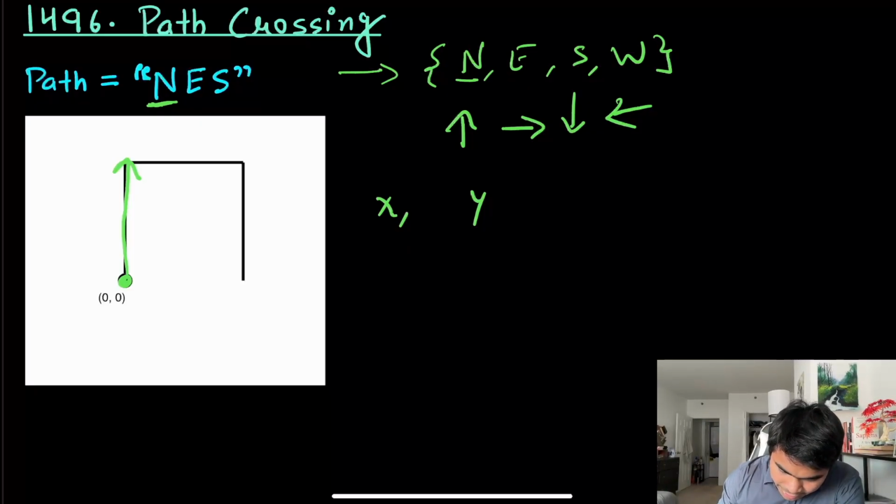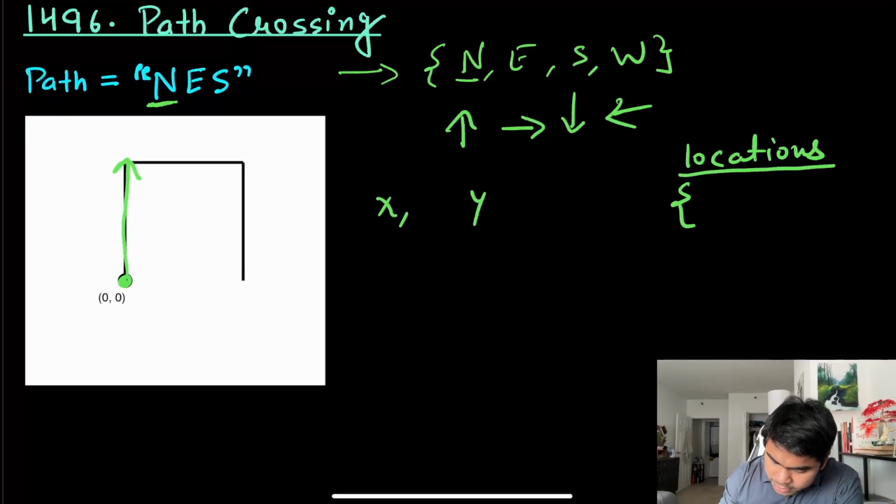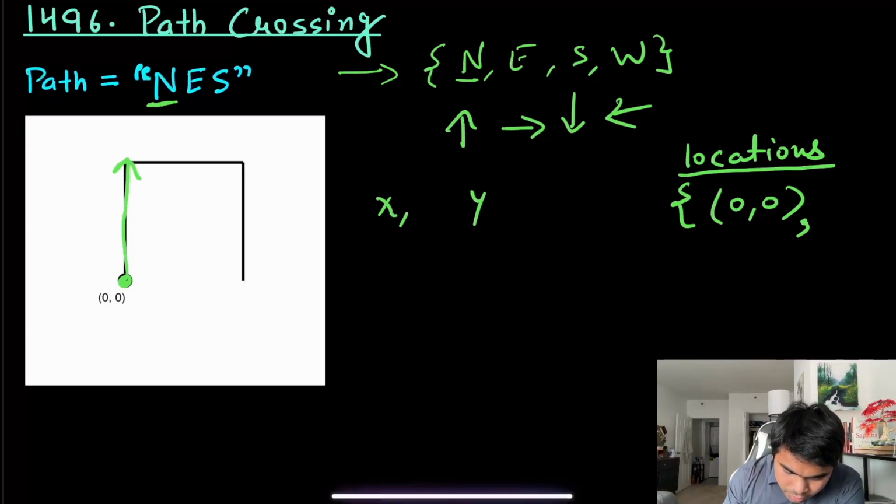What I'll do is I'll have a set called locations. What is this going to contain? All the X and Y pairs that I have already visited. So far I have visited (0, 0). Then I am going one step up because of this character N. So I'm going north.